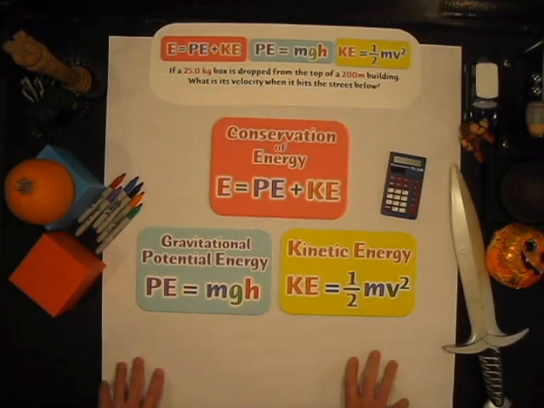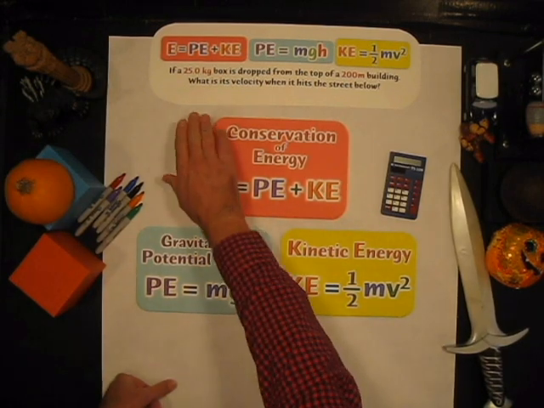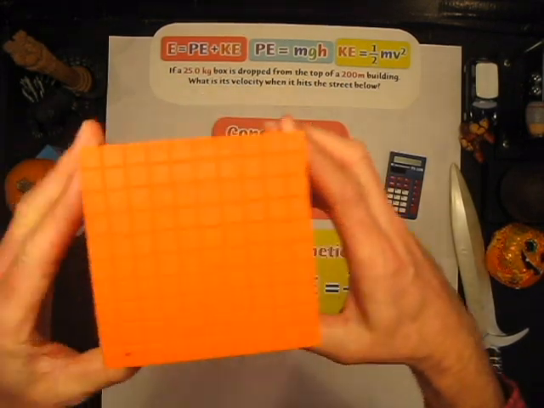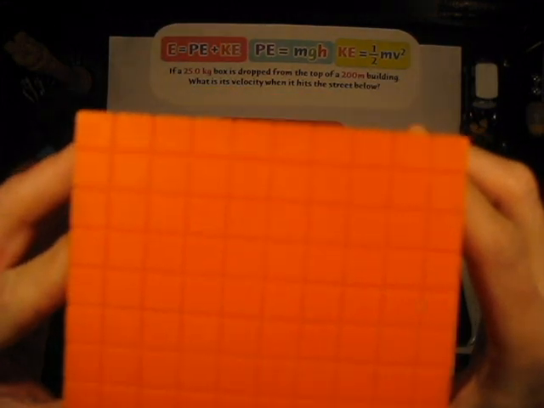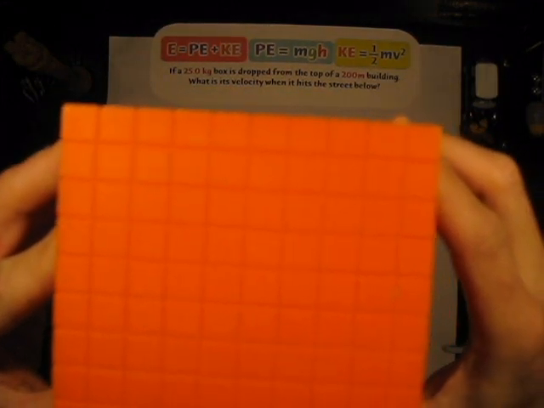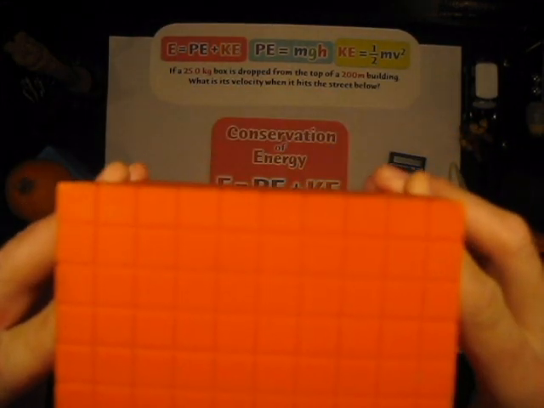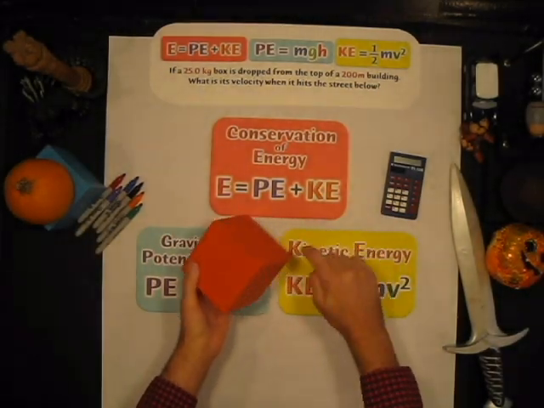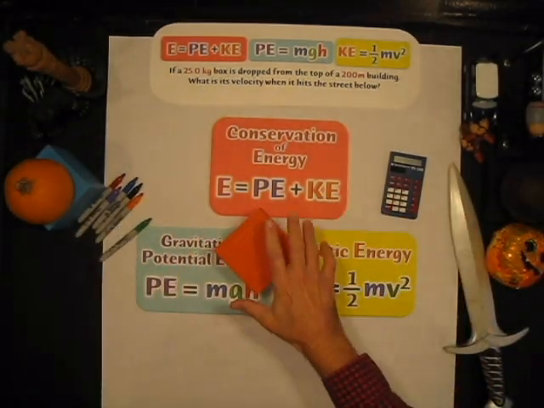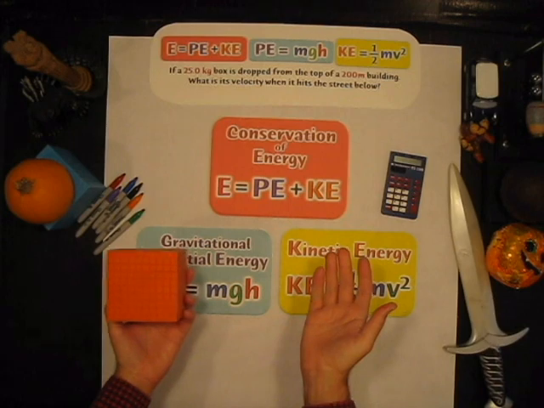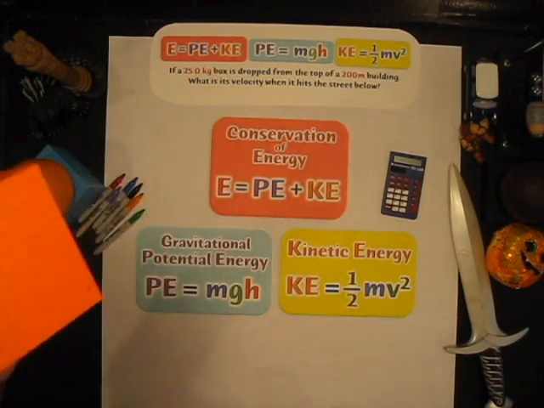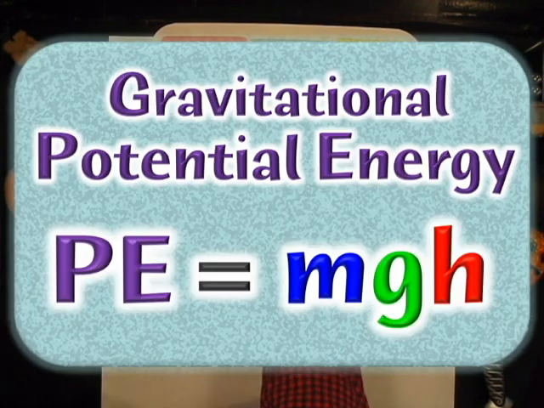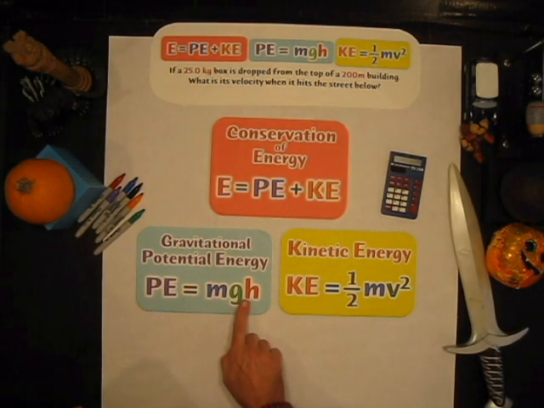Okay, so this is interesting because we've got a box being dropped from the top of a building, starting out like this, not moving, 200 meters above the street, being dropped. And what's its final velocity when it hits the street? How can we tell that when initially it only has potential energy? And potential energy does not have velocity in it, does it?